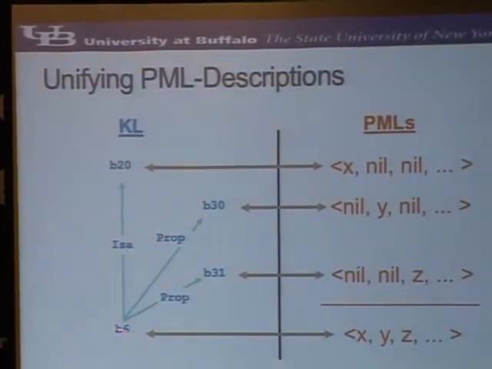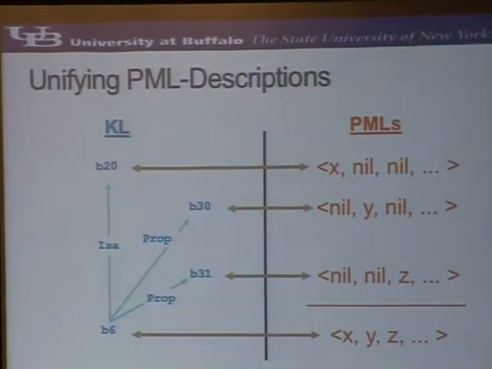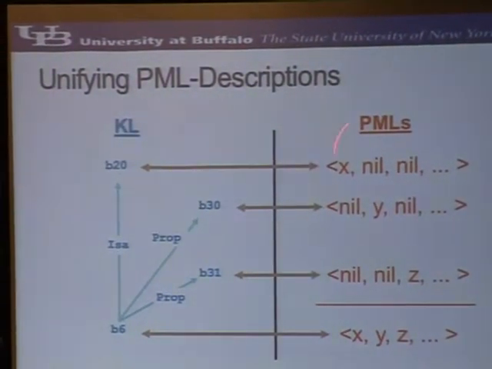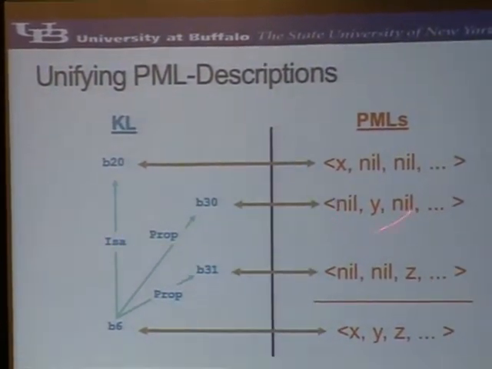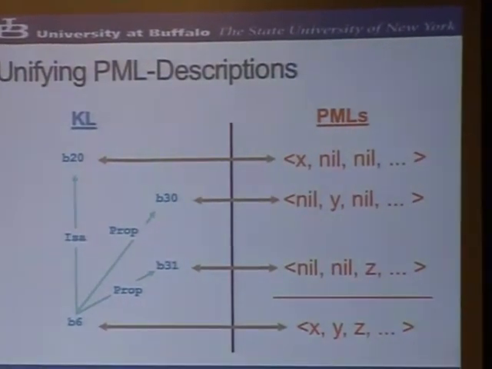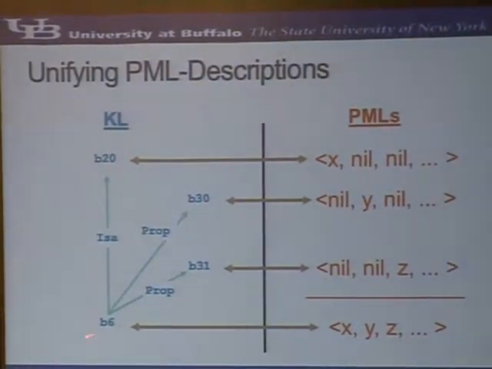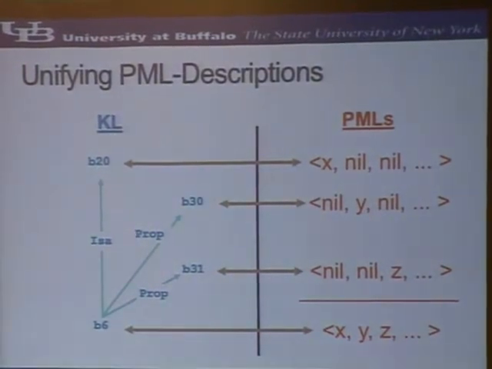So there's in a sense a description of B6, right? The agent believes that it's this kind of category with these kinds of properties, and the category and the properties are both perceivable. Okay? And so one can unify these PMLS structures to get a more complete PMLS structure. That is, this guy looks like that.